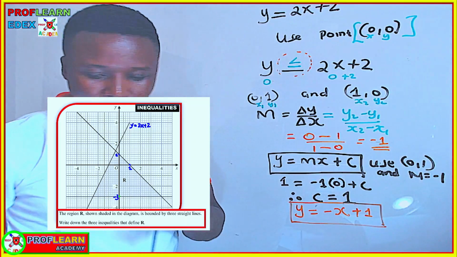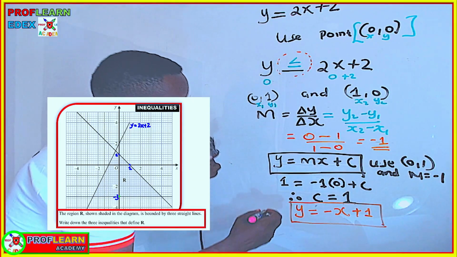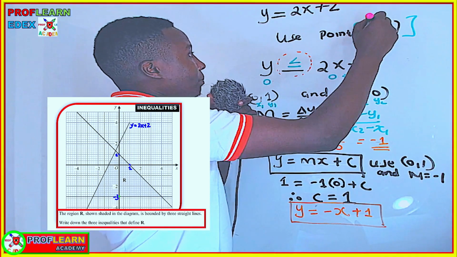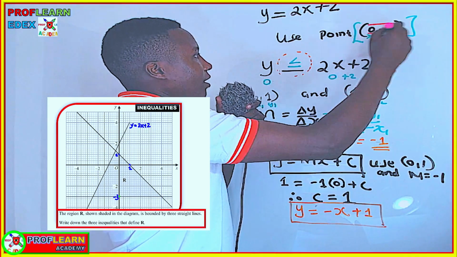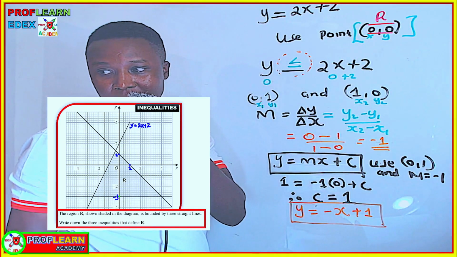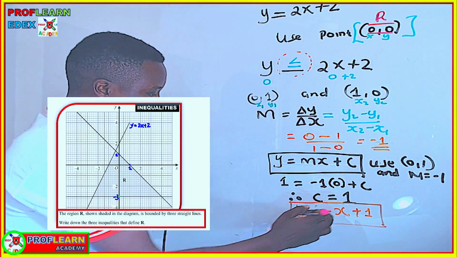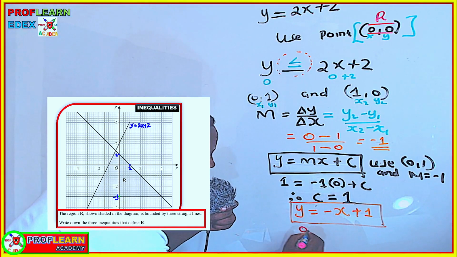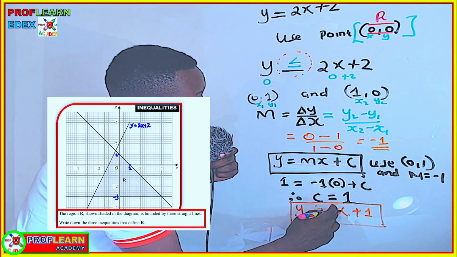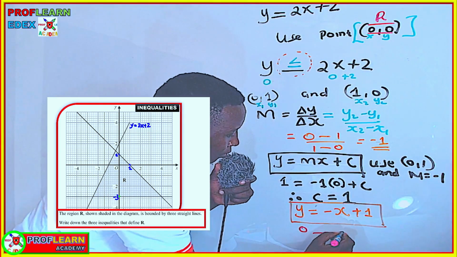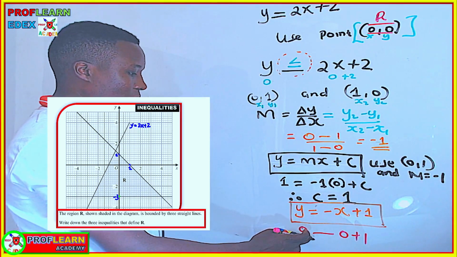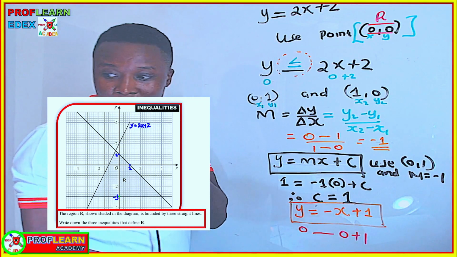So at this point, using the region that we identified, because this point here is in the region R, we are going to put it here and say 0 dash -0. So this is -1 times 0. That's going to be 0, then plus 1. So is 0, because 0 plus 1 is actually going to give us 1.